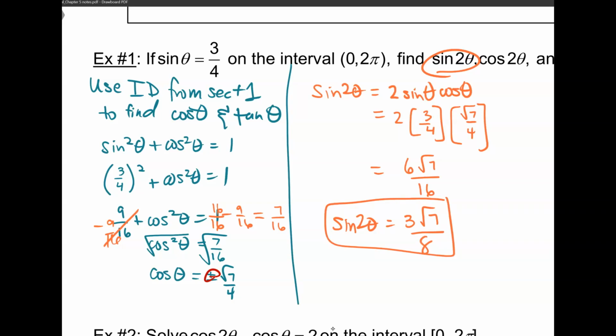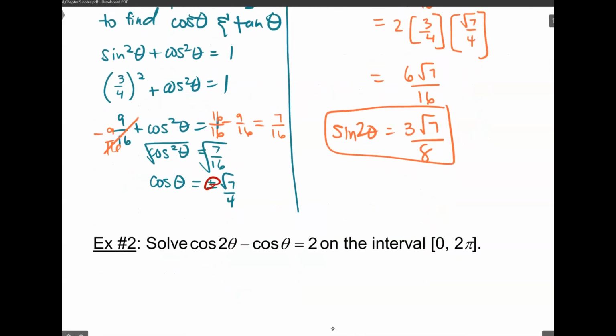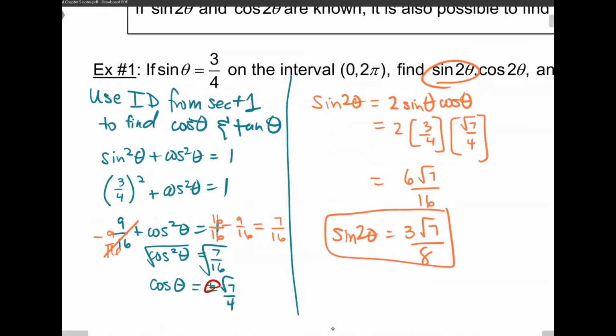Cool. Why did you put positive for root 7 over 4? Because, judging by this, sine of theta is 3/4.